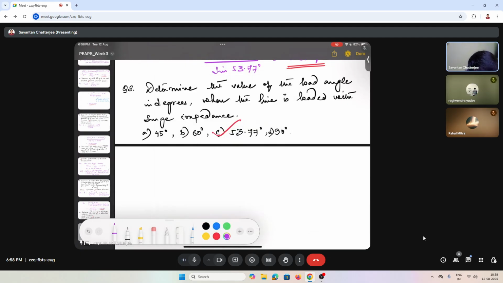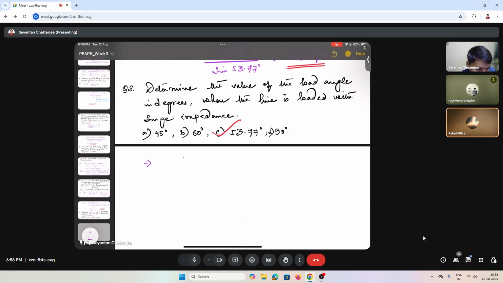So when it is given that the line is loaded with the surge impedance, what equivalency do we obtain in the form of active power? Sine delta by sine beta L equals 1. Sine delta and sine beta L, so both are the same.